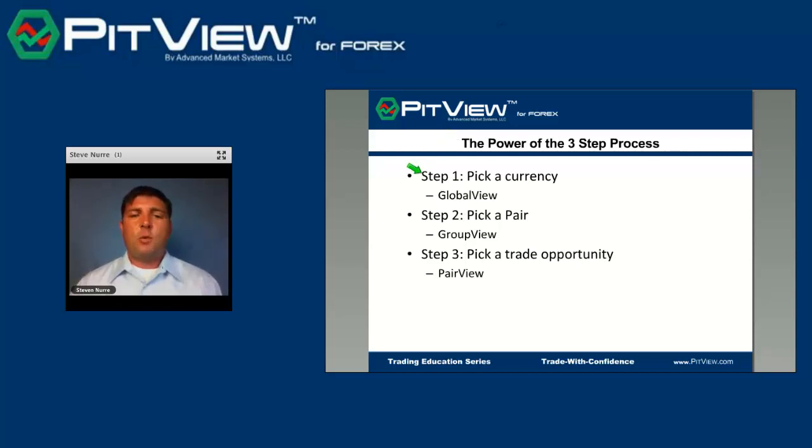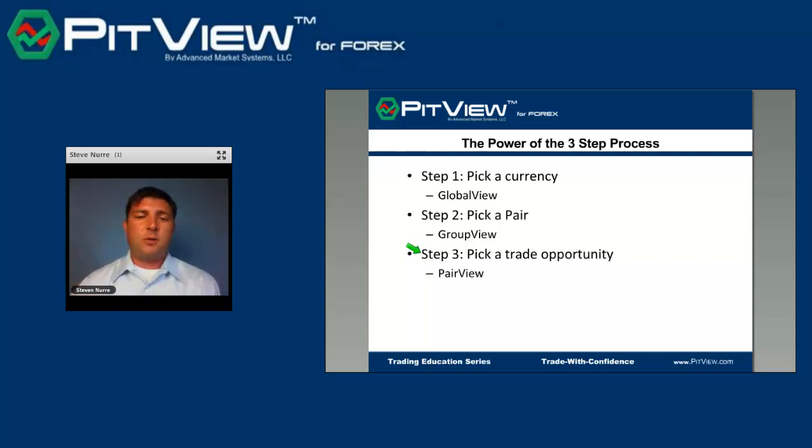You go through step 1, which is just picking a currency, where we use Global View. We go through step 2, which is picking an individual pair by ranking all the pairs from strongest to weakest with Group View. And then in step 3, we pick our trade opportunity, which of course gives us the details of all the liquidity provider action. We've gone to the chart at this point. We've seen that there's been a break, or there's a trade setup that has occurred.